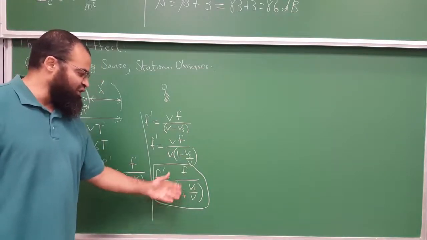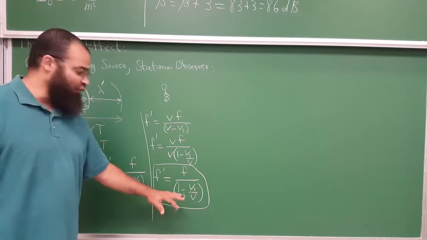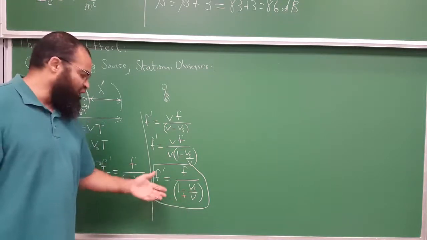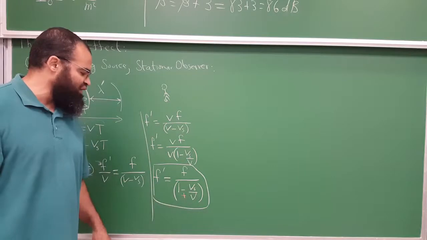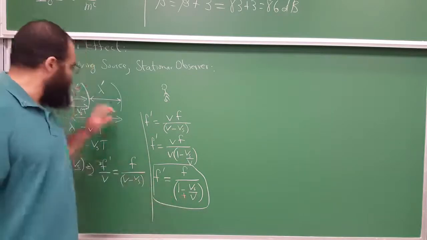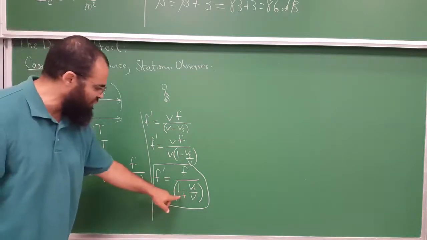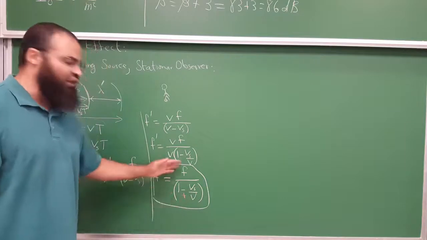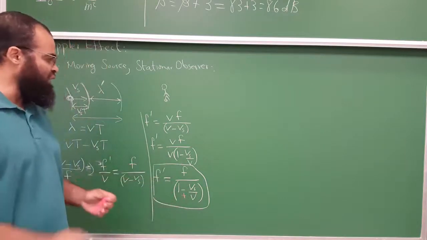To increase the frequency, you're dividing by something less than 1, so you choose the minus sign. If the source is going away, then you choose the plus sign, because 1 plus something will be larger than 1, and you will be dividing by a larger number.